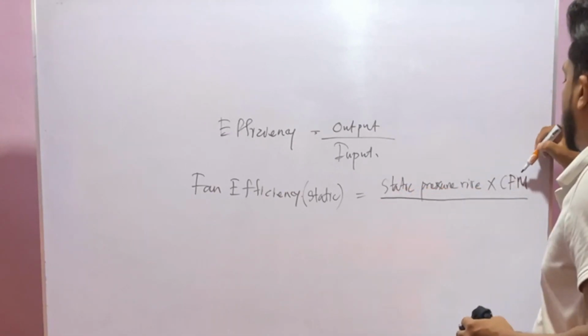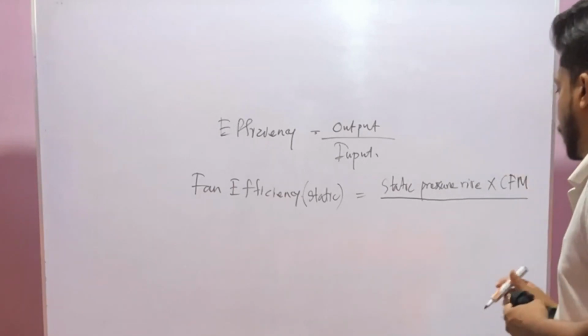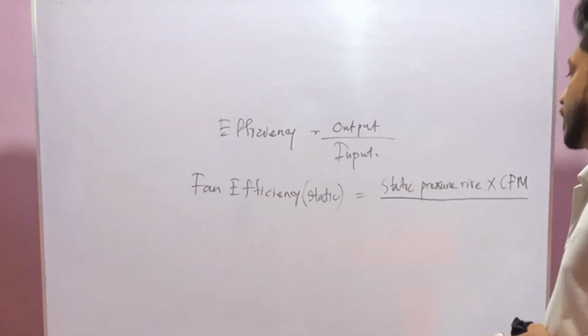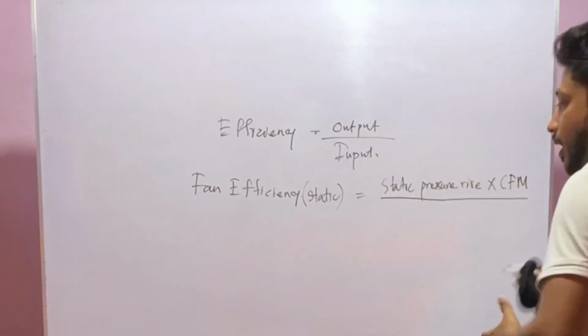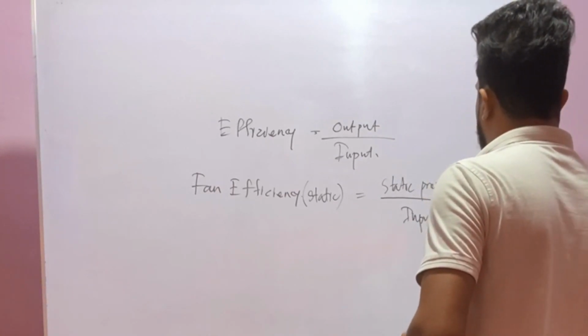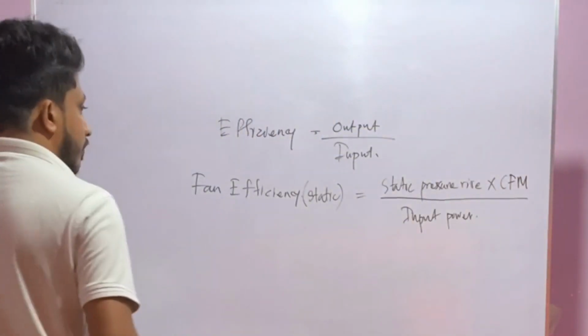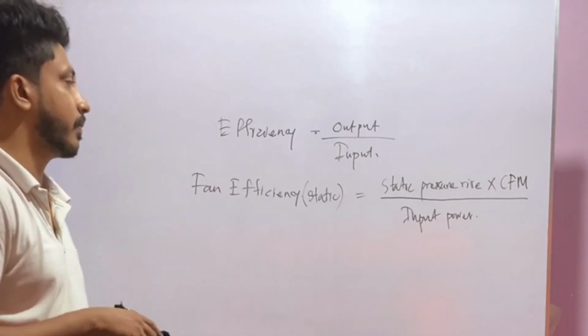This is in cubic feet per minute: how much air volume in cubic feet is delivered within a minute. So the output is pressure and airflow. Then input power: how much input power we give to this fan.